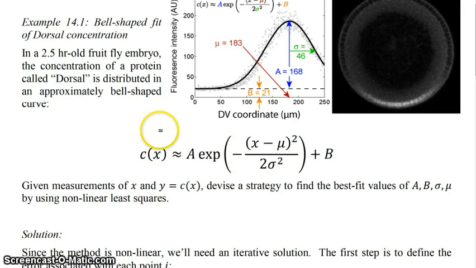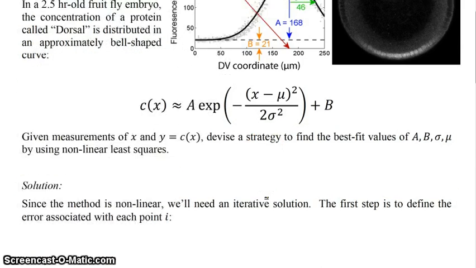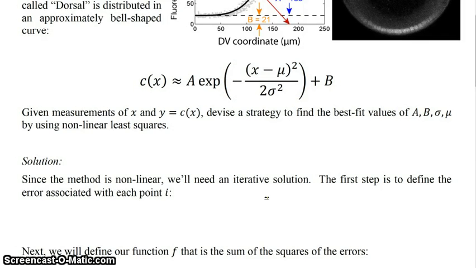Well, because this equation is nonlinear in the parameters, we can't use any of the methods that we've talked about before. And so we'll have to find an iterative solution. So the first step is to define the error associated with each point i. Right?